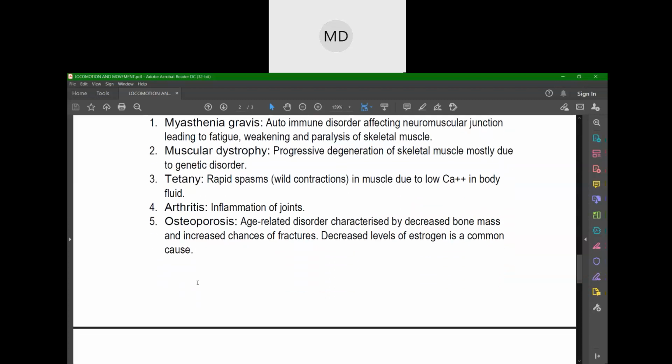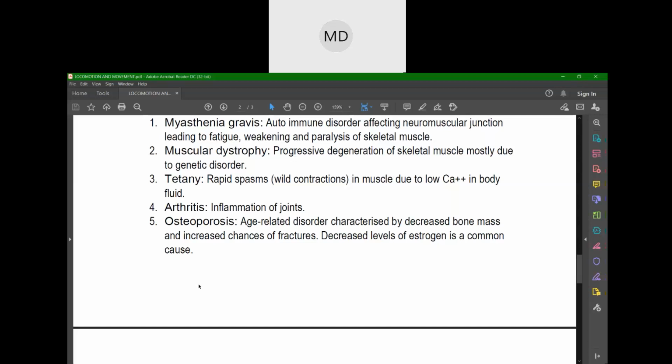And then there is osteoporosis. Osteoporosis I have already discussed, right? Osteoporosis is generally caused by a decreased level of estrogen. That is why it is most common in women who undergo menopause. This semester I taught about osteoporosis in your offline class.